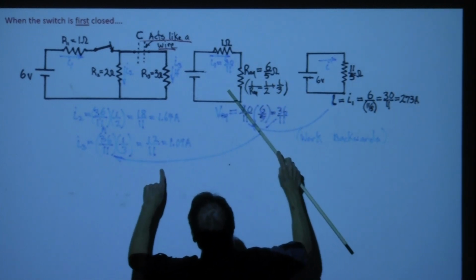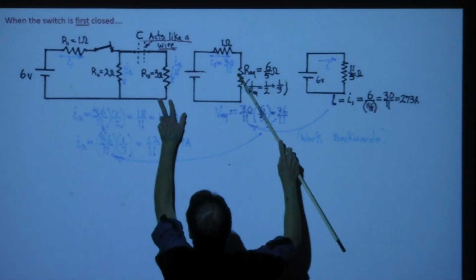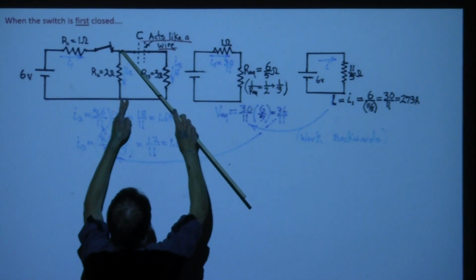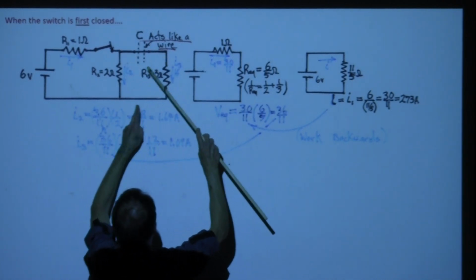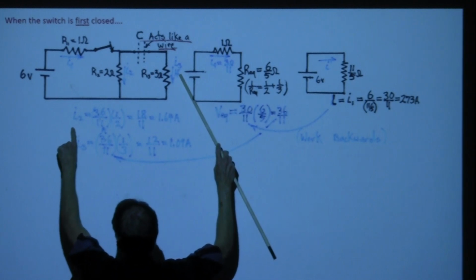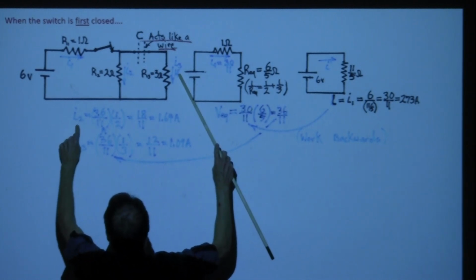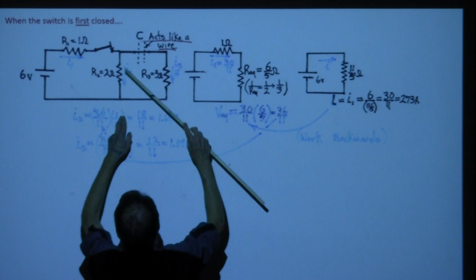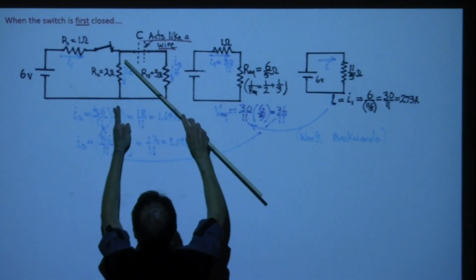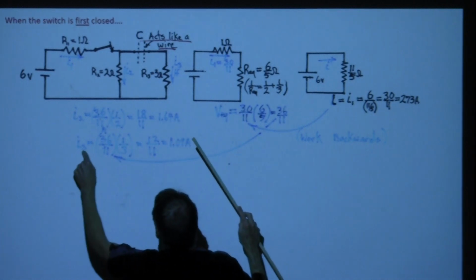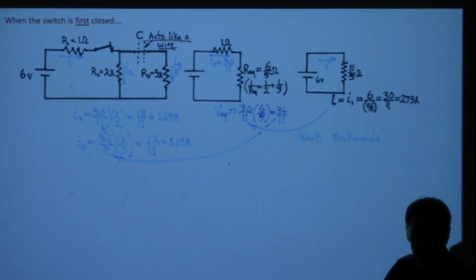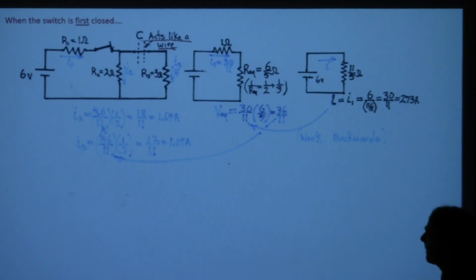So I get this current. That current is going to split here. So I need to get the voltage across these two so that I can determine these individual currents. I've got to stop and think about what it is that I want. I want I2, this one. That would be the voltage across here, and just getting that voltage was what I was doing here. Getting that, and then I can get I3. So this is a classic case of just equivalent circuits.